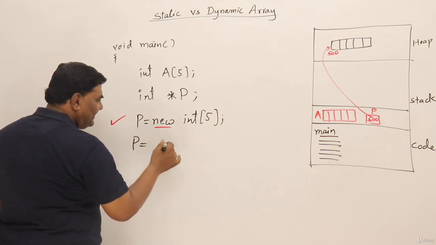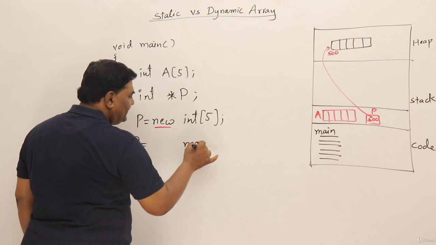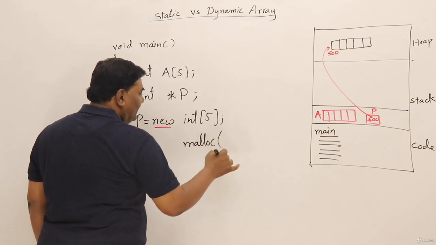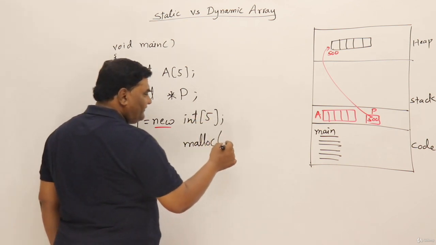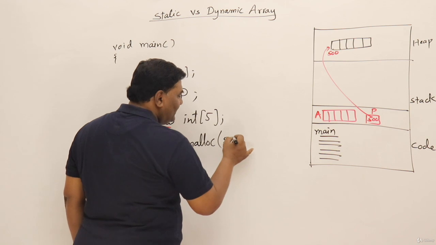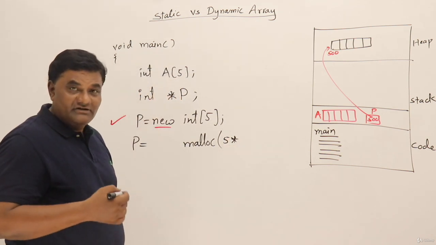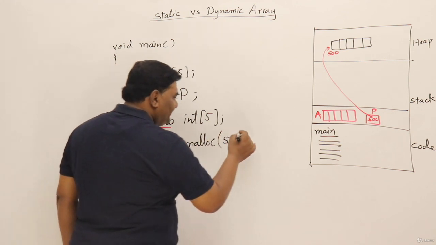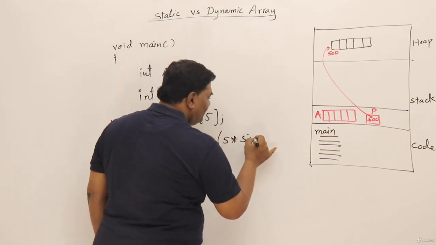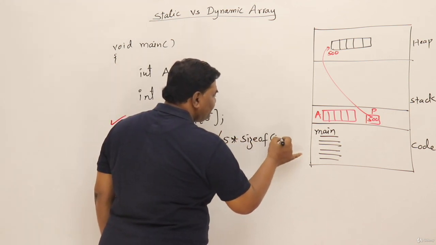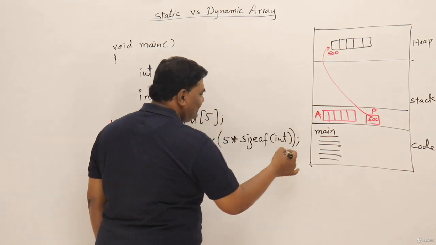For that, I have to use the malloc function, and I should mention the size. So I want 5 integers, so 5 into size of an integer, which may be 2 bytes or 4 bytes, depending on the system or the compiler. So I should mention here sizeof(int). This is a common practice that is done in C language.